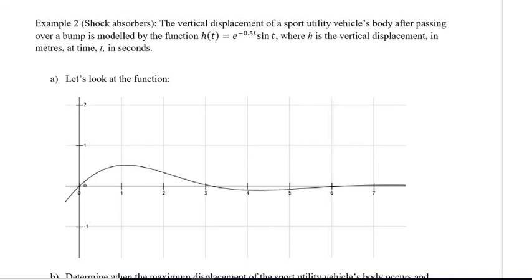So the vertical displacement of a sport utility vehicle's body after passing over a bump is modeled by the function h of t equals e to the negative 0.5t times sine t, where h is the vertical displacement in meters at time t in seconds. Let's look at the function, just so you can see how this looks, because it's a bit of an odd problem and you might not be familiar with it.